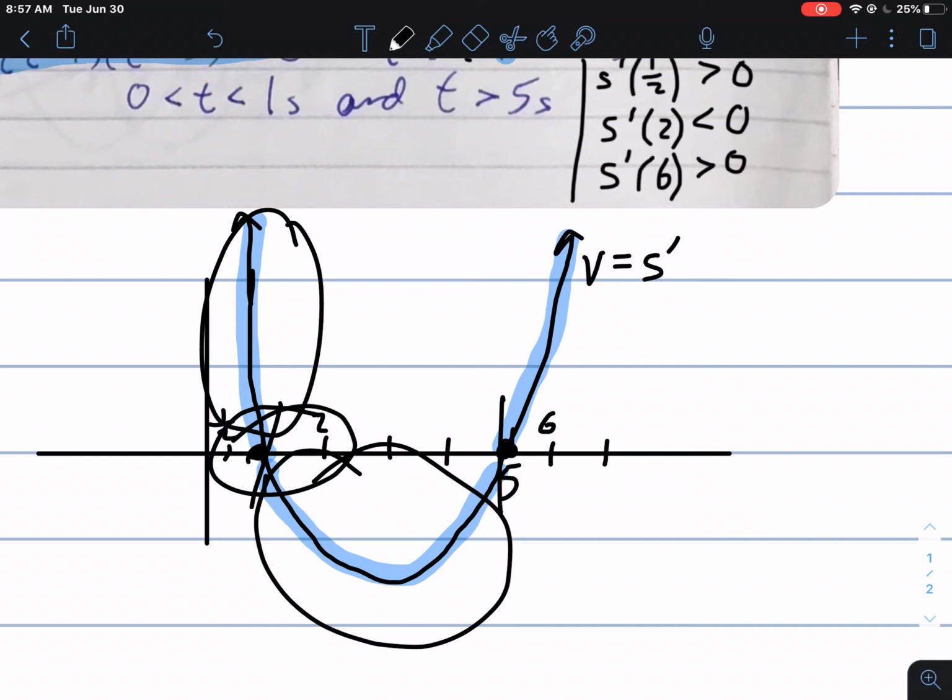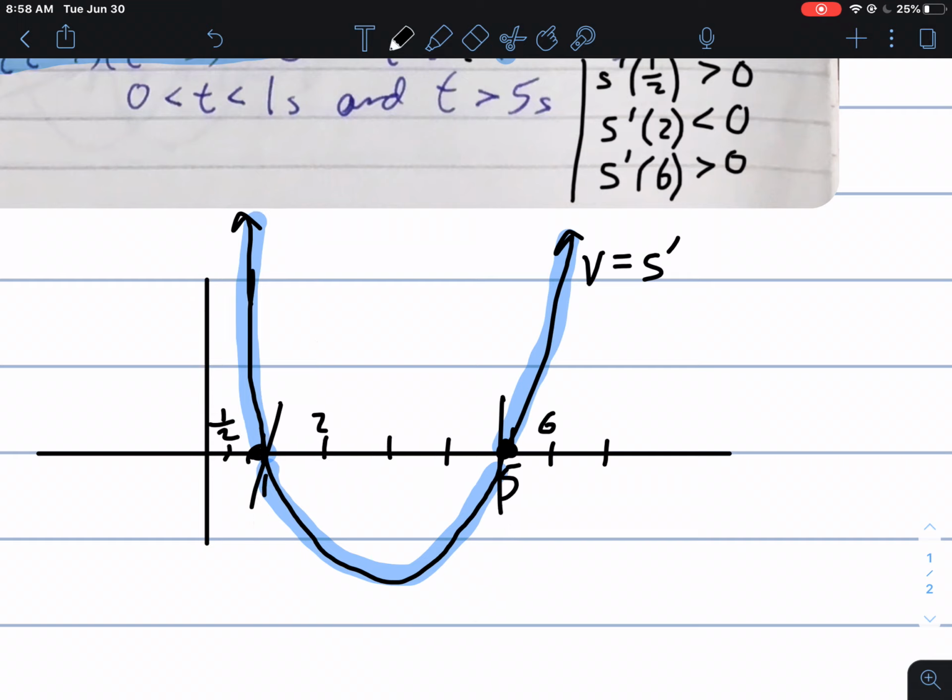Okay? And vice versa. It'll go from negative to positive only if it passes through an x-intercept. So once we find those x-intercepts, and provided that our function is continuous, then I know that the only place that that function can change sign is on either side of those x-intercepts.